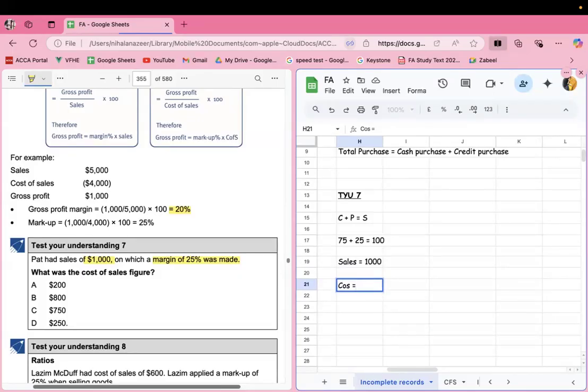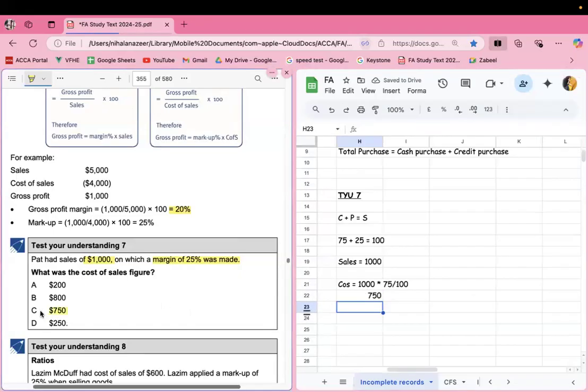So amount given as 1,000 into what do you need to find? 75, that is the cost, divided by what is given as 100. So 750 is the answer.